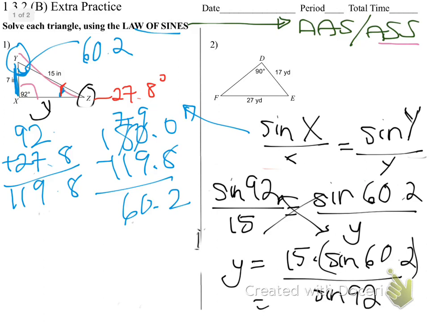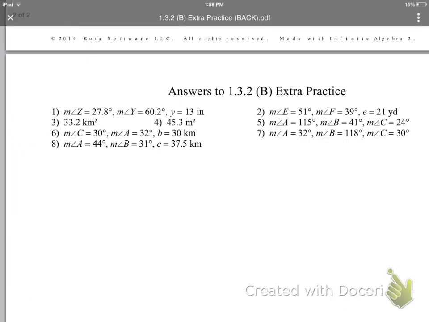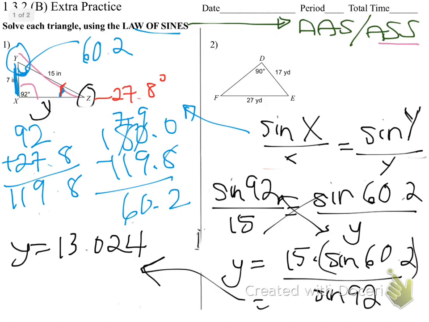And if you find the answer on your calculator, I'm going to do 60.2 first, sine that, divided by the sine of 92, and then I multiply by 15. And I got y equals 13.024. And yep, 13 inches was the answer.